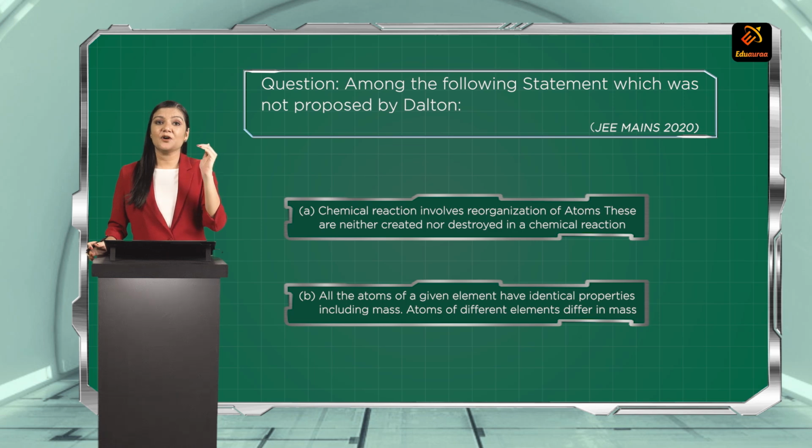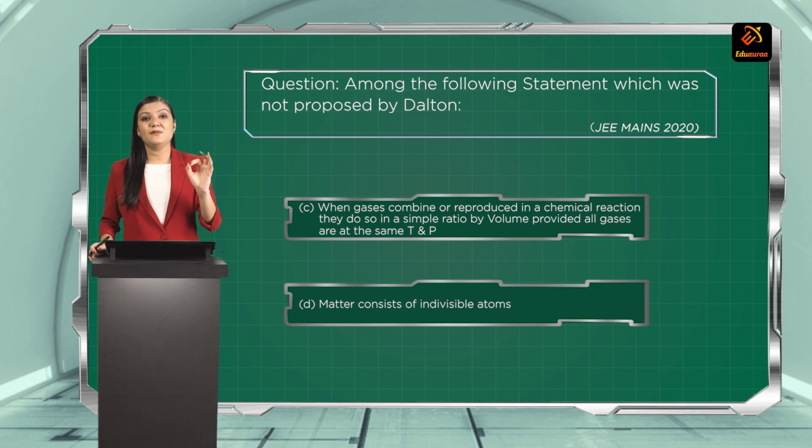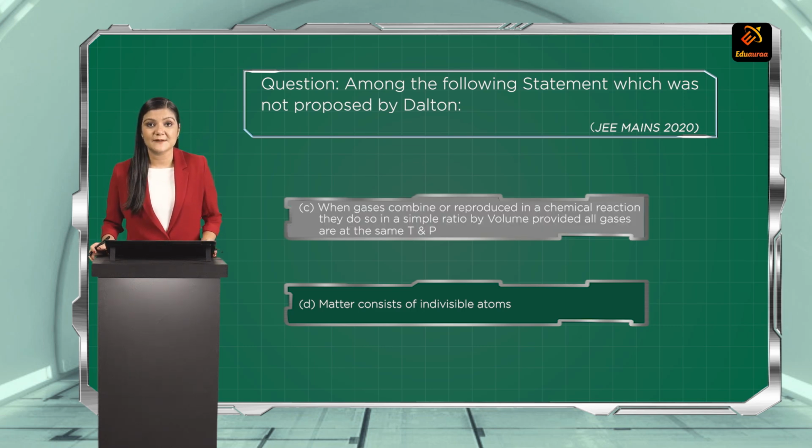If I consider options A, B, C, D, then except option C, that is, when gases combine and are reproduced in a chemical reaction, they do so in simple volume ratio, provided the condition is same temperature and same pressure. This statement is not given by Dalton. So, options A, B and D are given by Dalton except option C.